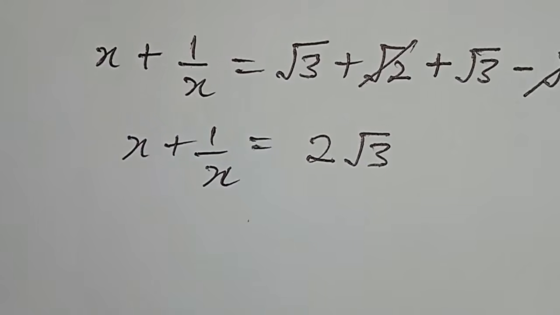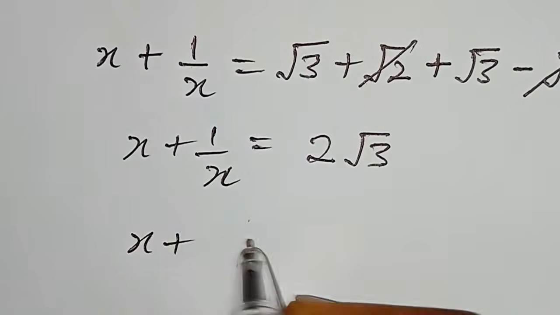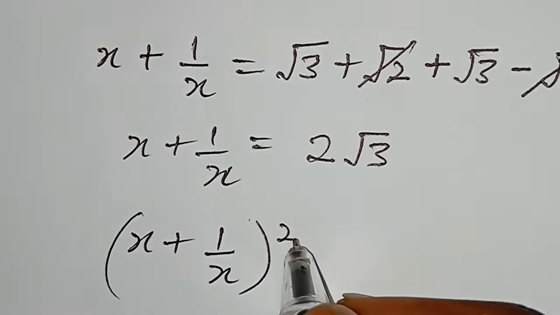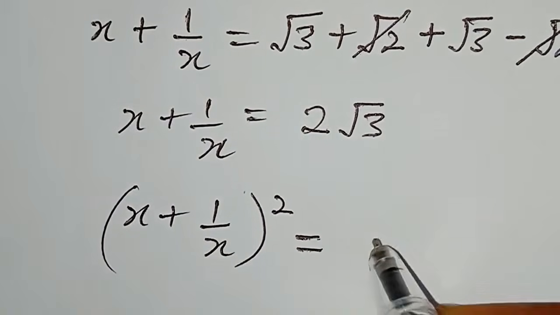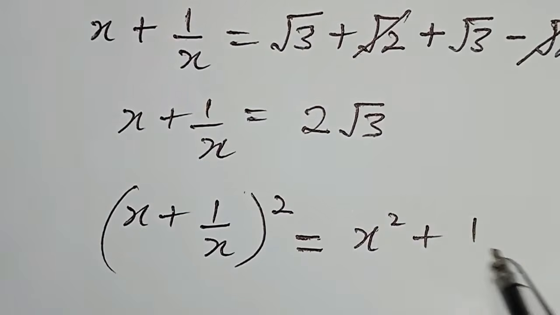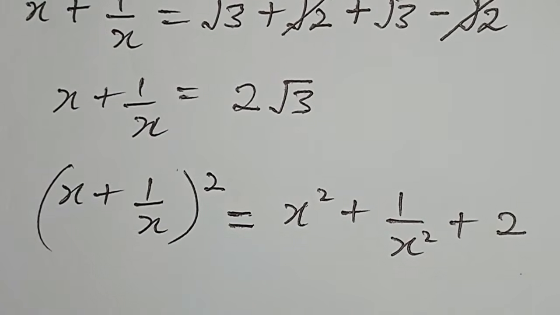Next, we square this expression. So x plus 1 over x can be squared. And if we expand this, we are going to have this to be equal to x squared plus 1 over x squared plus 2.